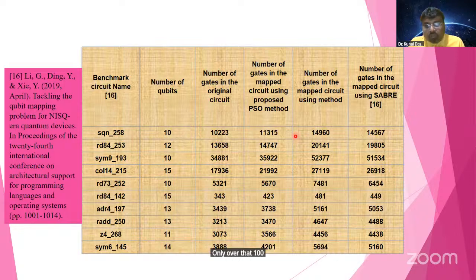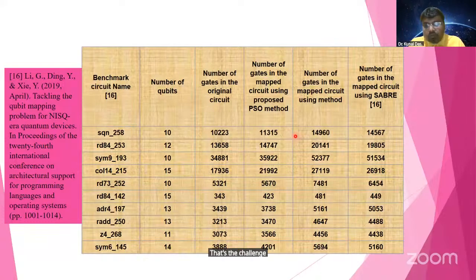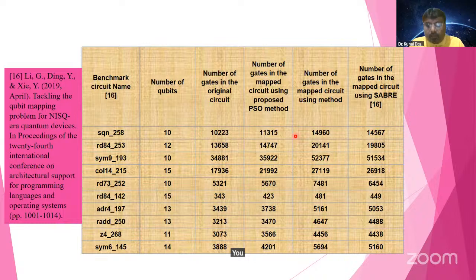As you know, that is an NP-complete problem. When n becomes huge, the running time increases exponentially. The challenge is that if you go for 10,000 qubits across 100 chips together, then your problem is NP-complete, so the running time becomes higher.